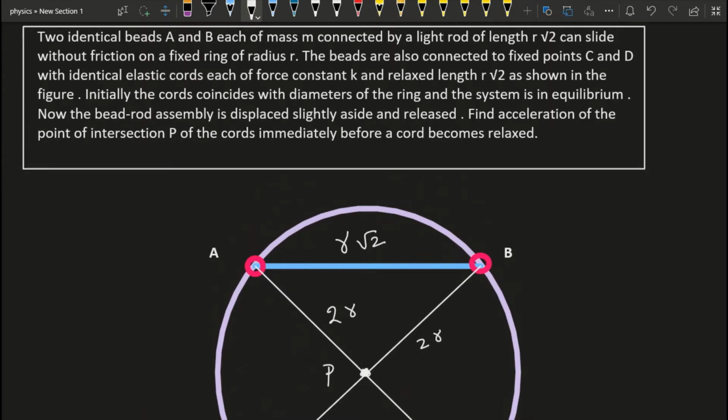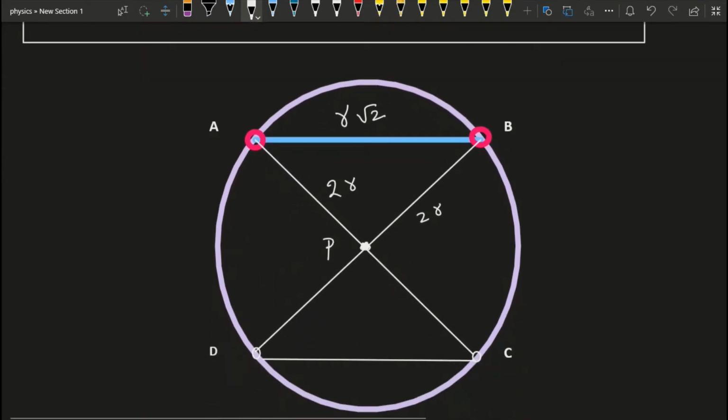So now the point of intersection P will also change its position. Now here the task is to find out the locus of the point of intersection P. So we are first going to find out the locus of the point of intersection of the two chords. That is what we are required to find.